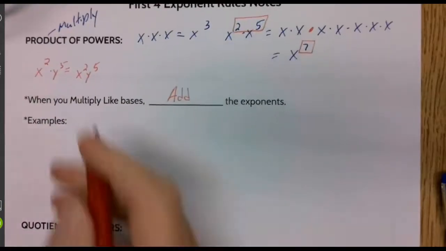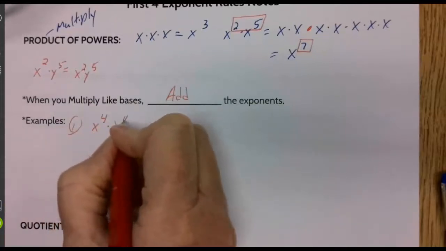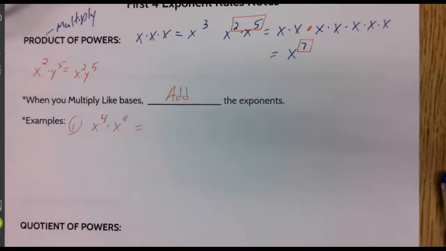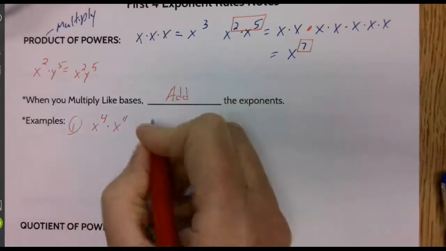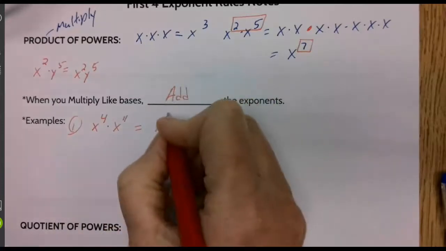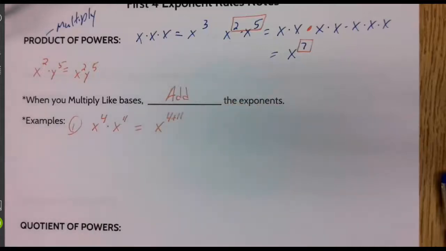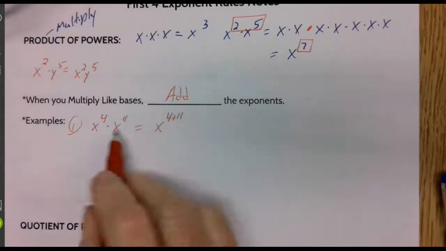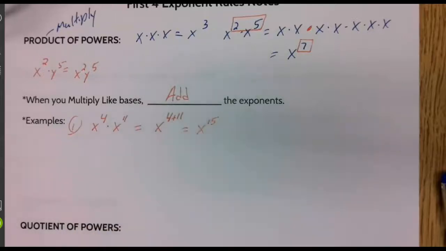Okay, so let's look at some examples. If we have x to the fourth times x to the 11th, I am multiplying like bases, so when I multiply like bases, I add the exponents. Now this step I don't normally write down, but I'm doing it just for today for our notes. When I multiply like bases, I add the exponent, so I get x to the 15th.